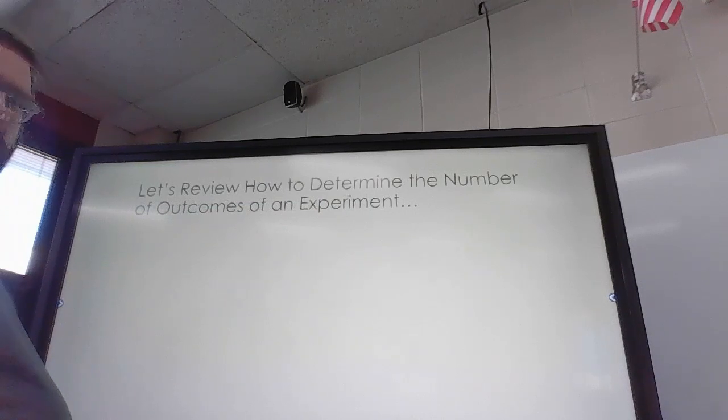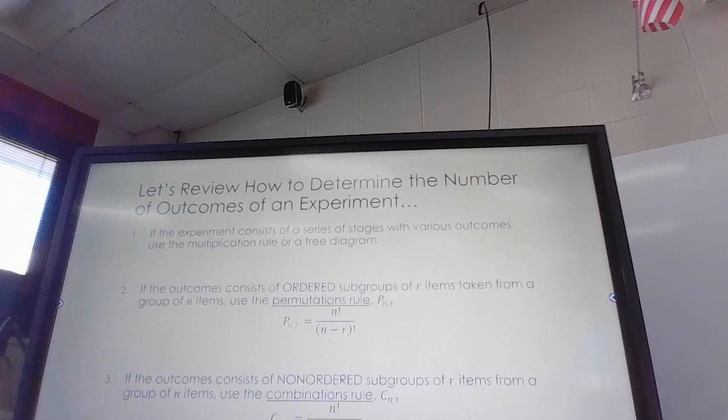Now, to recap, if you're trying to determine the number of total outcomes in an experiment, what you want to do is first look at the experiment itself. If it consists of a series of stages with various outcomes, a series of multiple events each having different outcomes, you use the fundamental counting principle or a tree diagram.